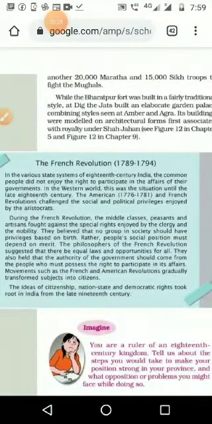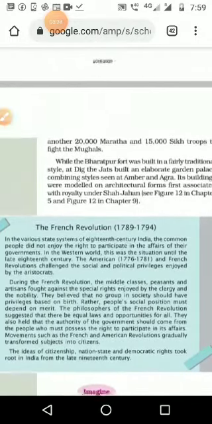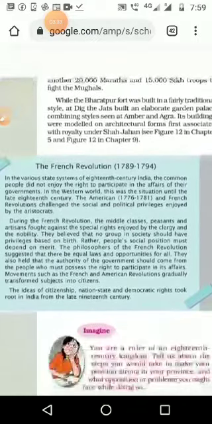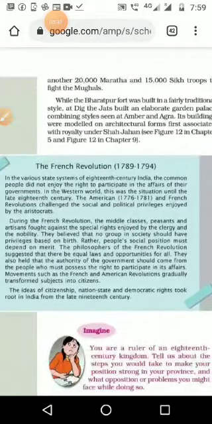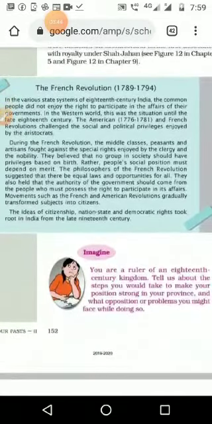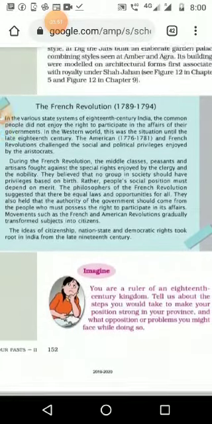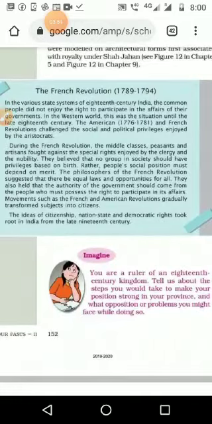At the same time, what was happening here in the 18th century was that the power, the emperors, became powerless, and their power and area declined. At the same time in France, they started the French Revolution, and they were thinking about the starting of democracy there.